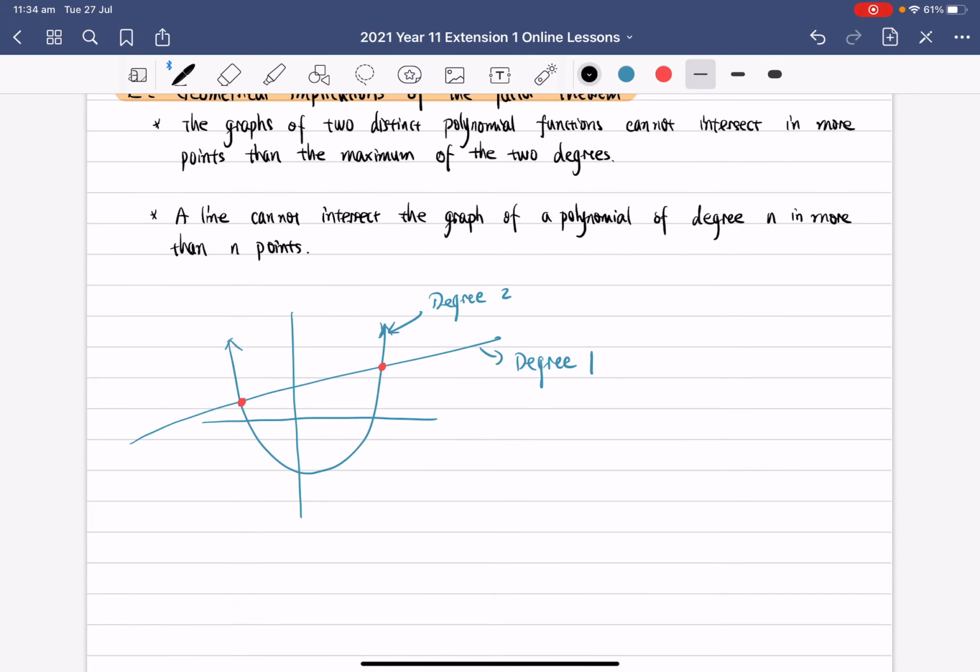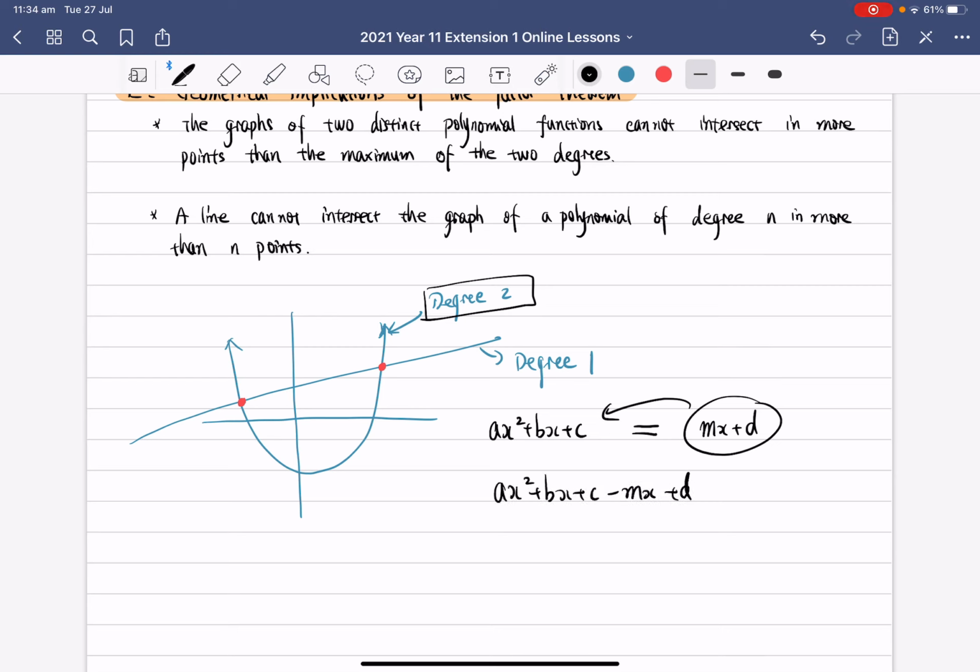It's actually pretty simple algebraically. If I want to find the intersection points, I need to form a simultaneous equation. A degree of 2 means we have ax squared plus bx plus c. A degree of 1 means we have mx plus d, for example. If we make them equal to each other, I can move this one over to the left-hand side and try to solve this equation.